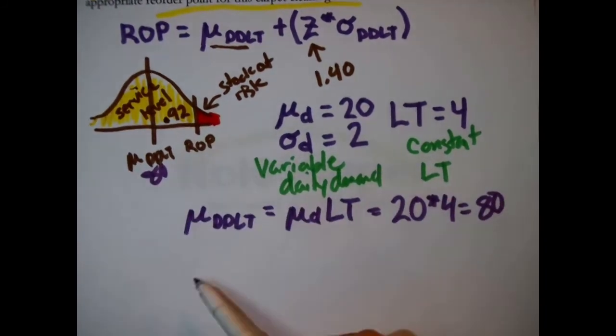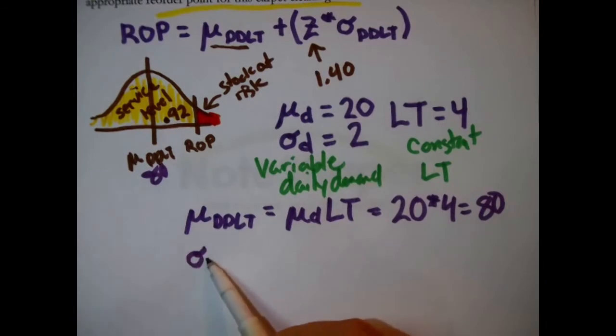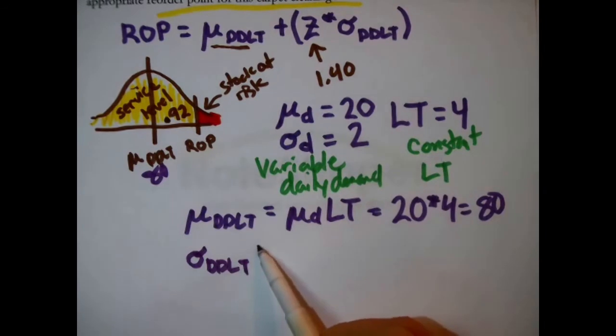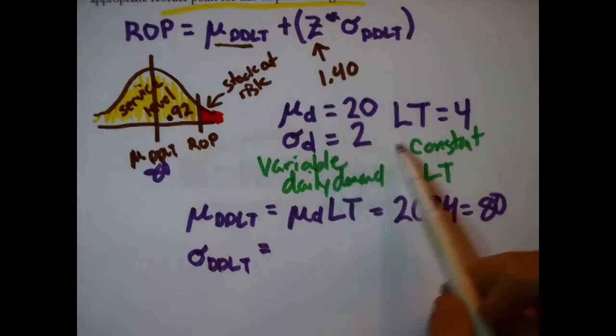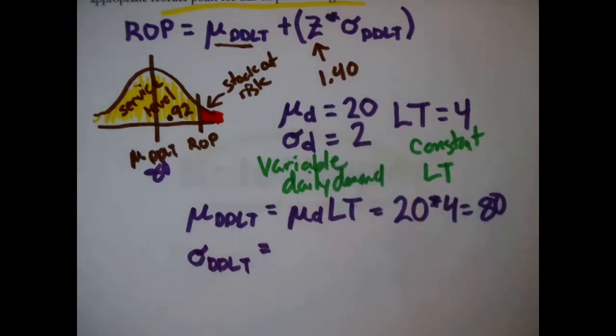Now you might be thinking, I need, right here in the formula, the standard deviation in demand during lead time. So what I should do is take the standard deviation in daily demand and multiply it by the lead time. No, whoa, not quite.